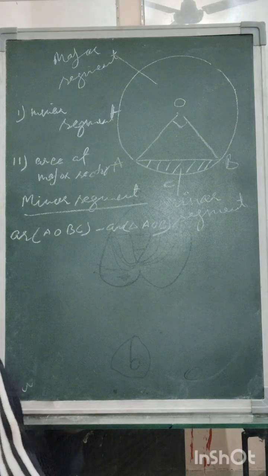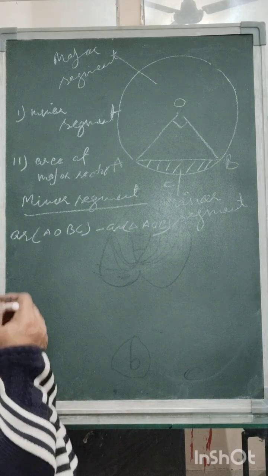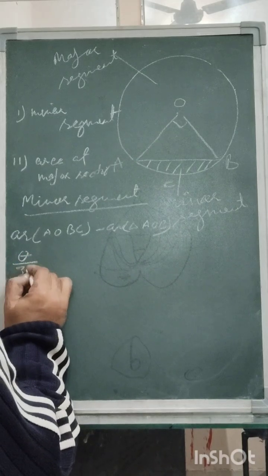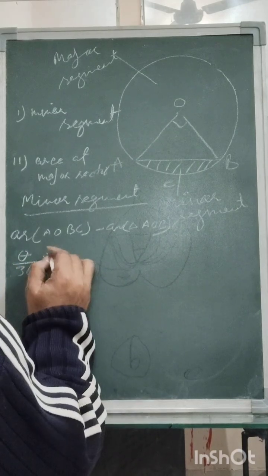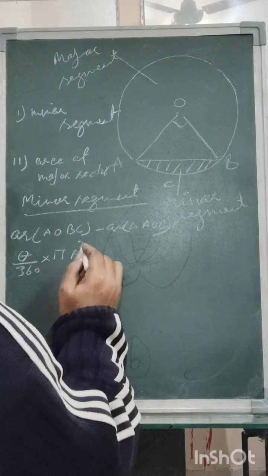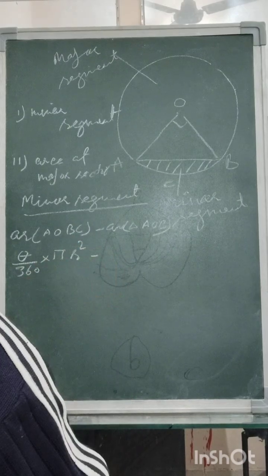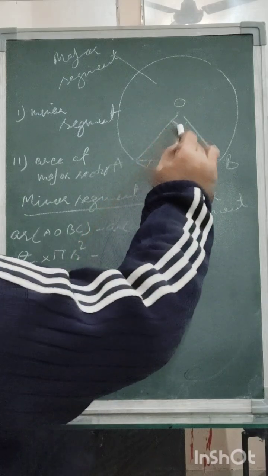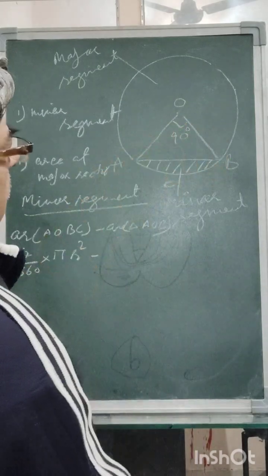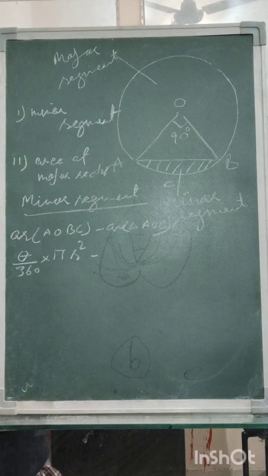So, for the sector, the formula is theta by 360 multiply pi r square, and for the triangle we can see that this angle is of 90 degree. So it is a right angle triangle.